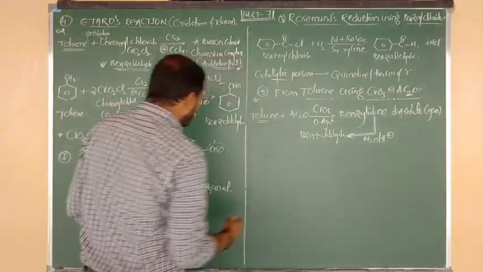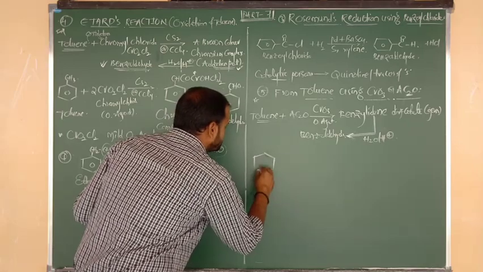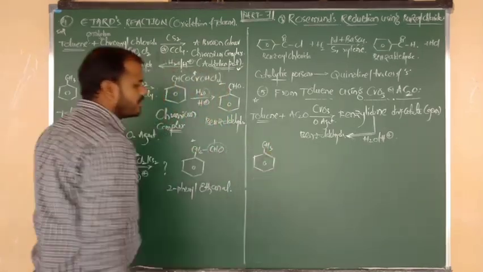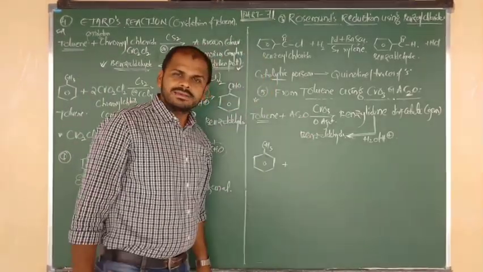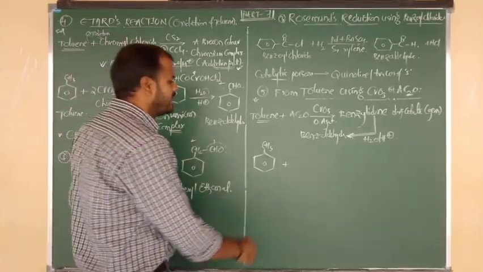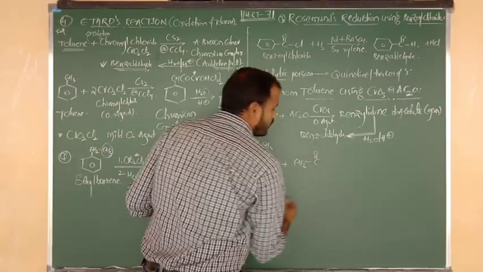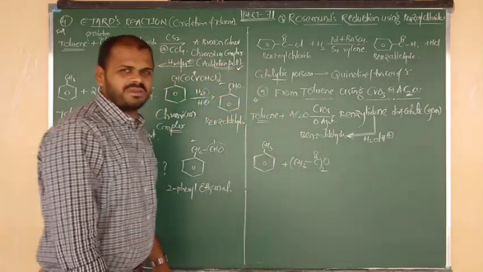Now tell me, what is the formula of toluene? I am going to write the formula of toluene: benzene bonded to CH3. It reacts with Ac2O, acetic anhydride: CH3 bonded to C double bond O, taken twice, with an oxygen outside in between.